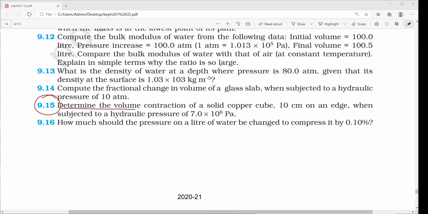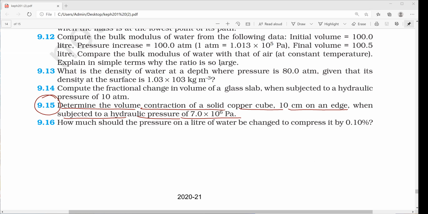They have to calculate the volume concentration of a solid copper tube, and each edge of the solid copper tube is 10 centimeter. When it is subjected to hydraulic pressure, they have given in the question itself, that is 7 into 10 to the power of 6 pascal.